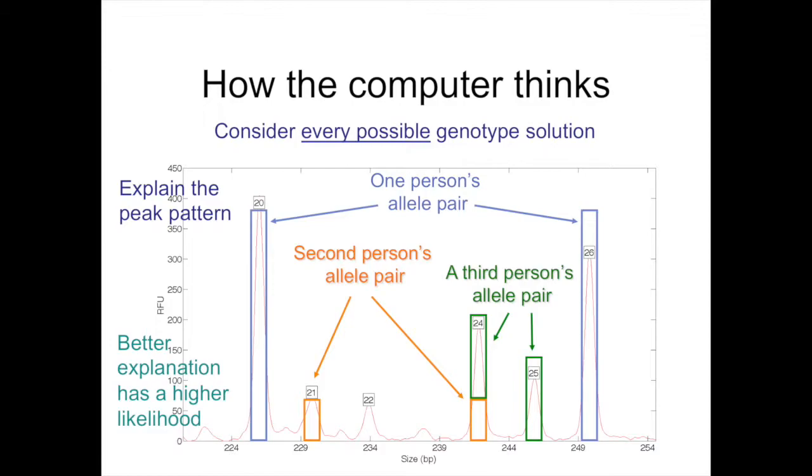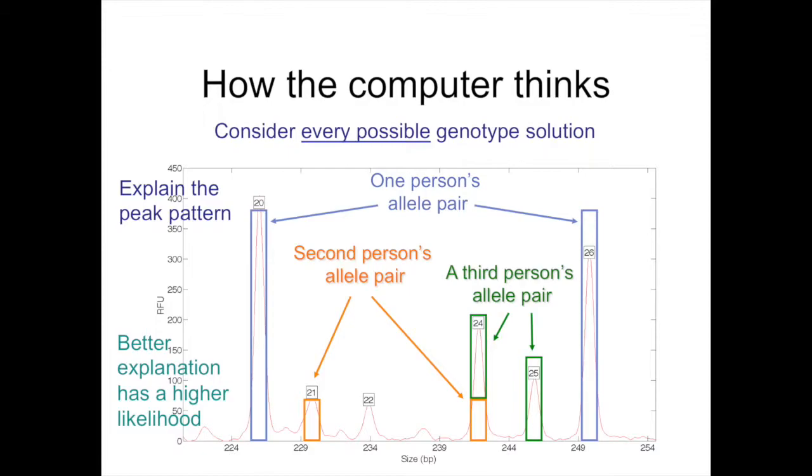Suppose there's one person's allele pair shown in blue from a major contributor that may be over half of the DNA. That's a 20-26 allele pair, so that's shown in blue. And maybe there's a second person's allele pair, a much smaller amount, maybe only 15% of the data. Then that's in orange, and that allele pair is a 21 and a 24. We see that in orange.